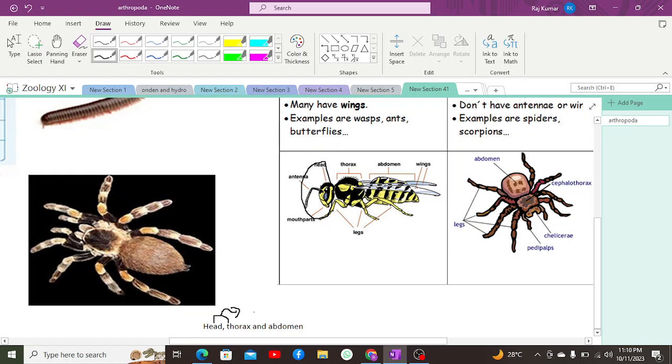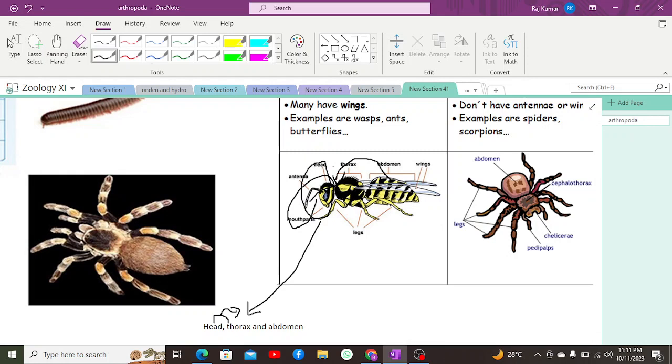In some arthropods, wings are also present. In the honeybee, we can see that the wings are attached to the thorax. They also contain a pair of antennae and a pair of appendages.